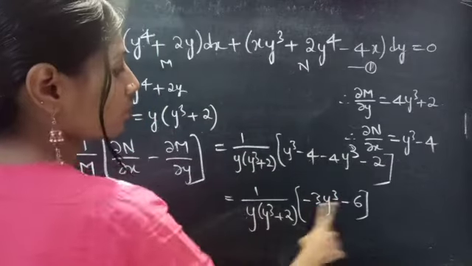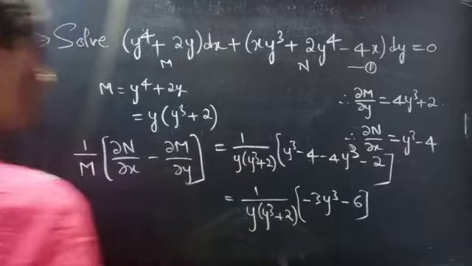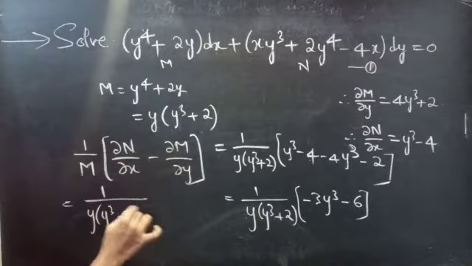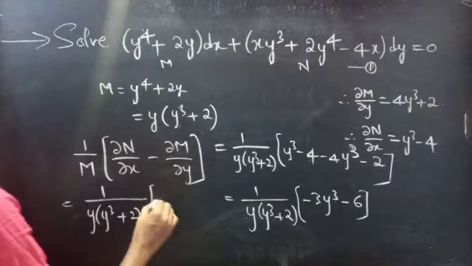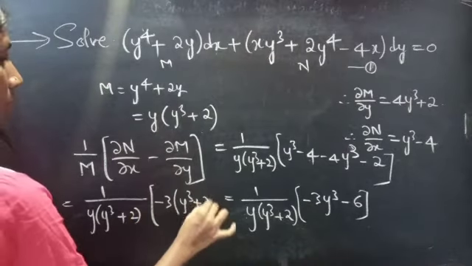Now we can take minus 3 common from these two terms, right? This equals 1 by y times y cube plus 2 into, taking minus 3 common from these two terms, you'll get minus 3 times y cube plus 2.